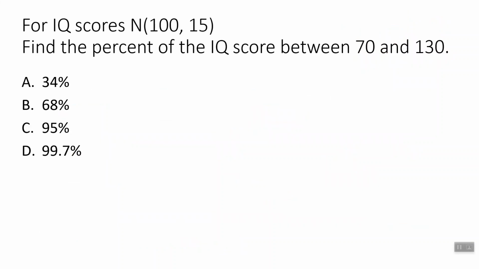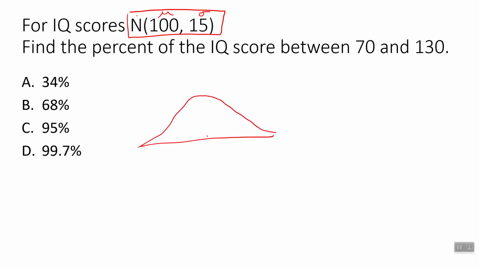All right, find the percent of IQ scores between 70 and 130, and we're given that IQ scores are N(100, 15). So this is normal, mean of 100, standard deviation of 15. Here's our mean IQ score. If we go up 1 standard deviation, that's 115.